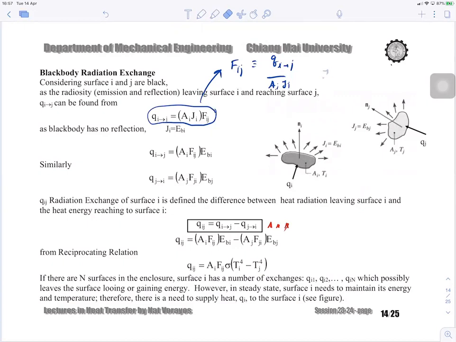The thing is that when you take the radiosity J, what is the radiosity again? Radiosity is the emission plus reflection. Right? So this is the concept of radiosity.